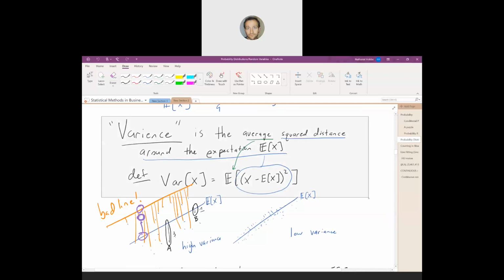It's the average squared distance around the expectation. And here, I was explaining that this is a low variance. This orange line has a high variance because these points are far away on average from the expectation.